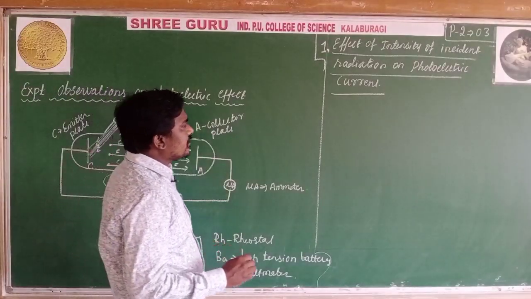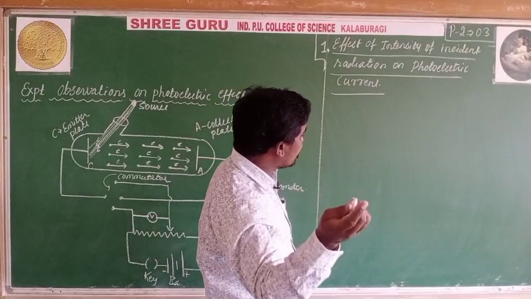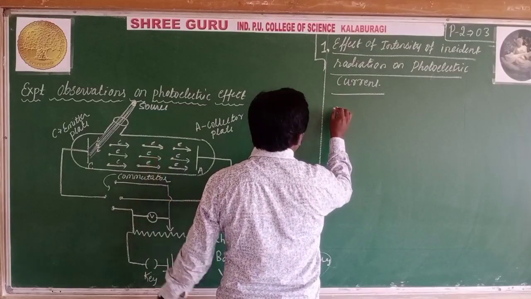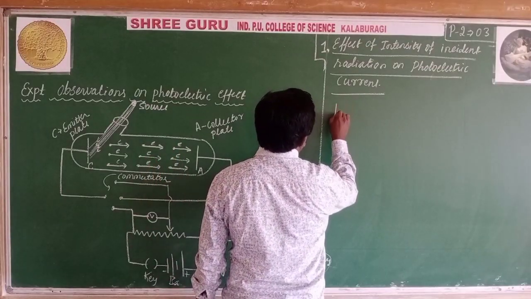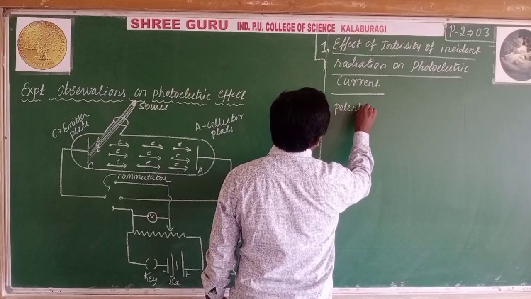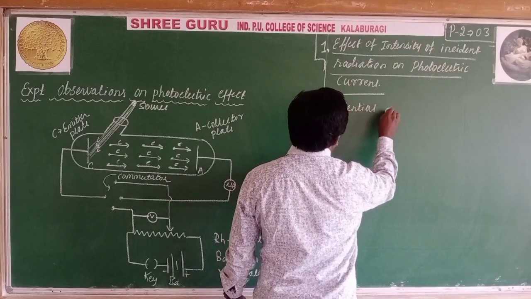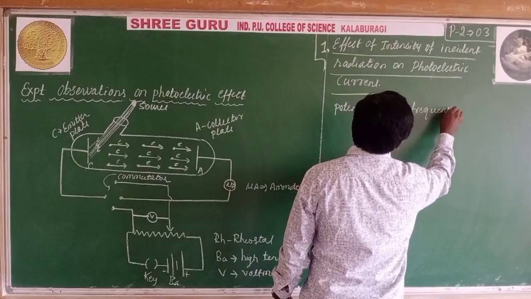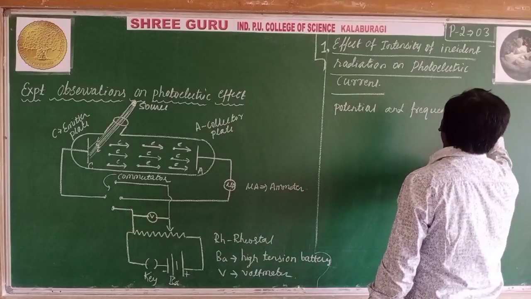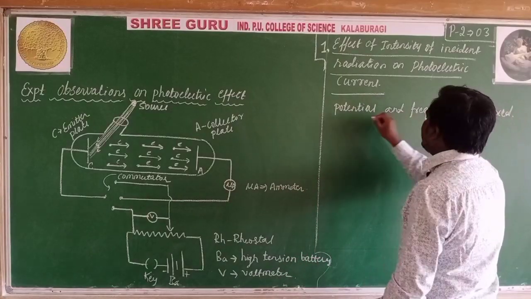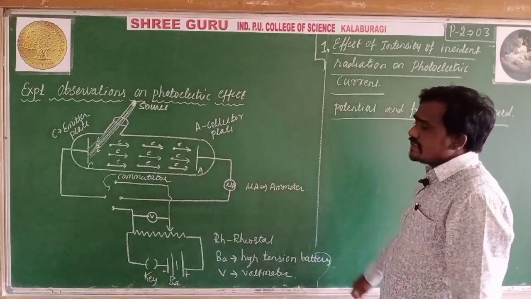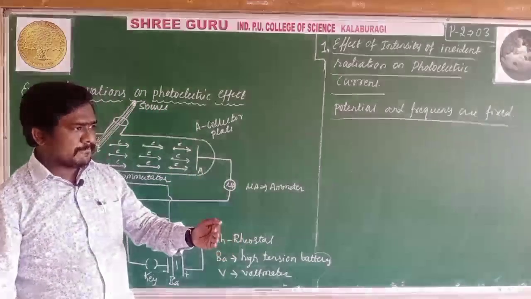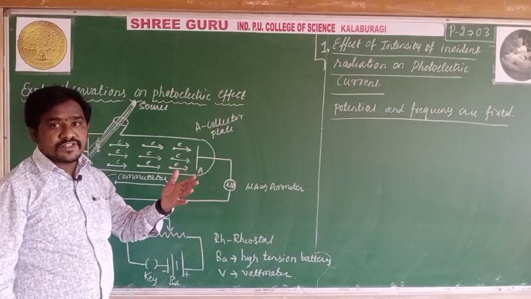Listen here, we are increasing the intensity of incident radiation, but we fix the potential as well as the frequency. We are varying only the intensity. If the frequency changes, the current is not going to change.